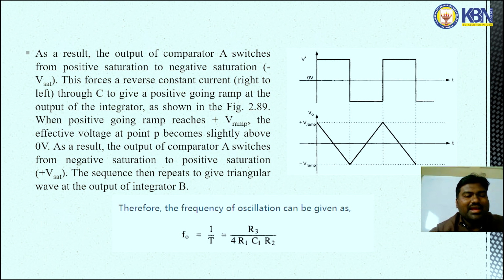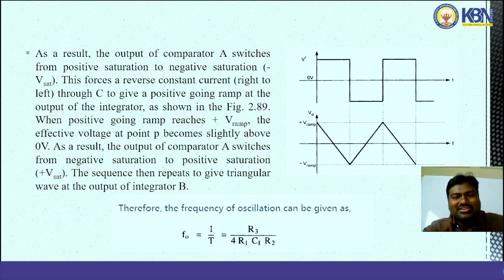We get a triangular output from the integrator B. The waveform is represented here: the square wave is the input waveform, and the positive peak is represented in the waveform, the output waveform goes from positive Vramp to negative Vramp. In our input, the square waveform in negative saturation is converted in the output into positive Vramp. That means one complete cycle of this triangular waveform goes from minus Vsat to plus Vsat and plus Vsat to minus Vsat.